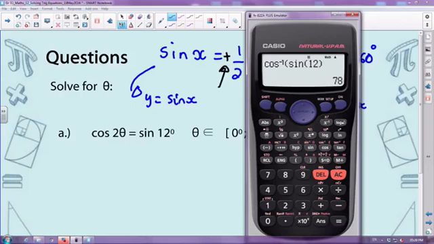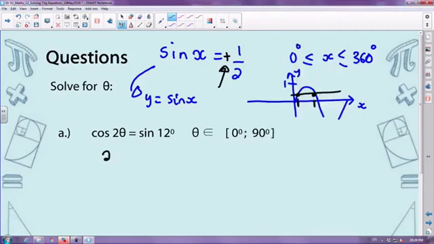It is 78 degrees. Okay, so that is your key angle if you were working maybe with 4 quadrants and so forth. So we have 2 theta equals 78 degrees.